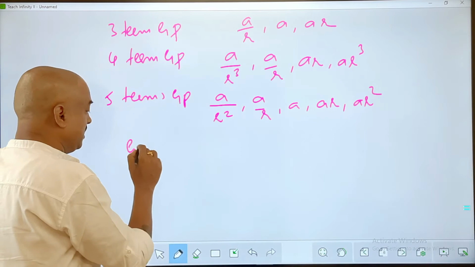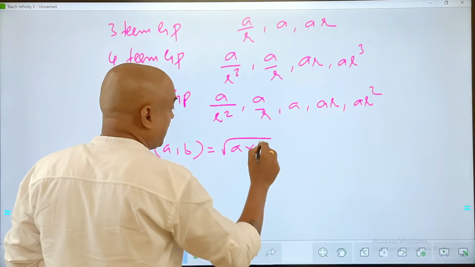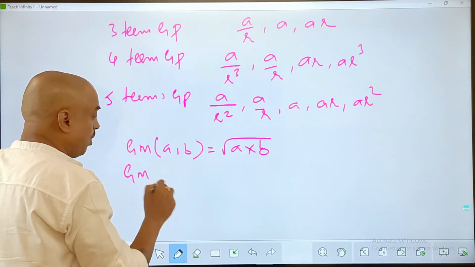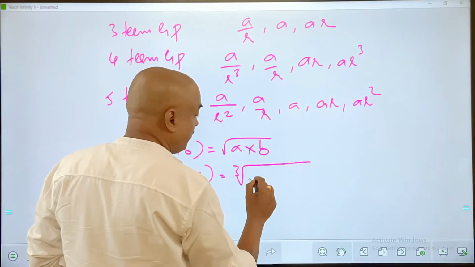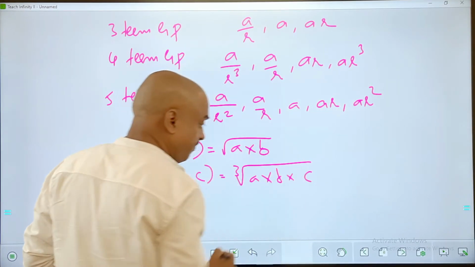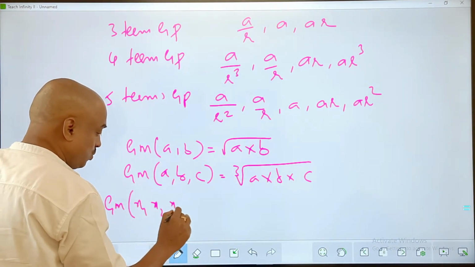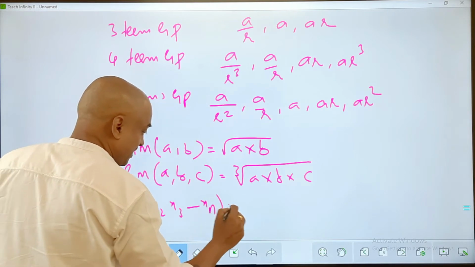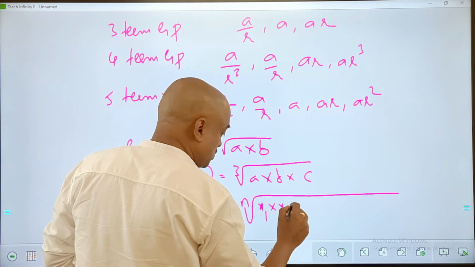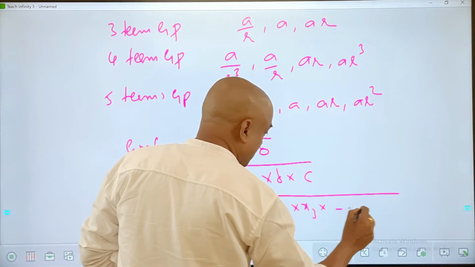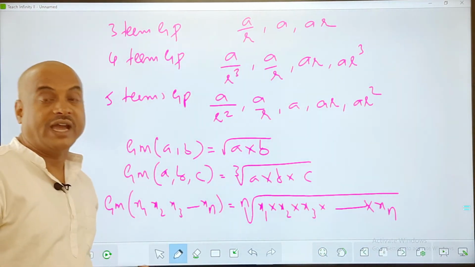Now, geometric mean of two numbers, say A and B, the formula is square root of A into B. And geometric mean of three numbers A, B, C will be cube root of A into B into C. And geometric mean of x1, x2, x3 and so on up to xn is the nth root of x1 into x2 into x3 and so on into xn. So this is a method to find the geometric mean of n terms.